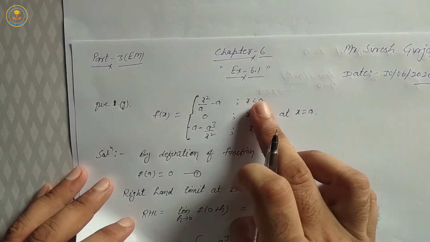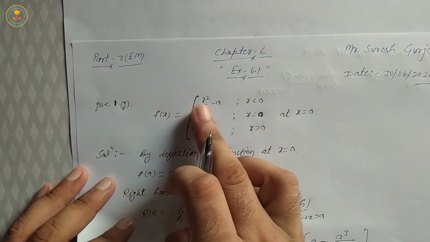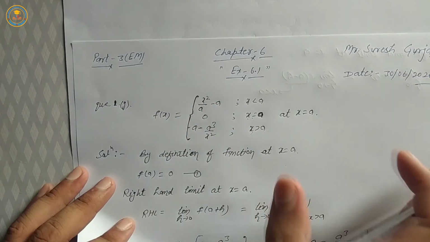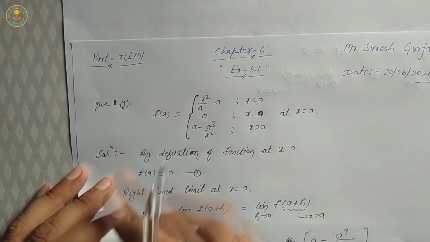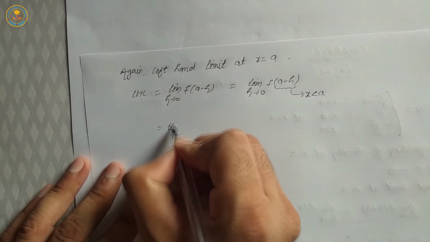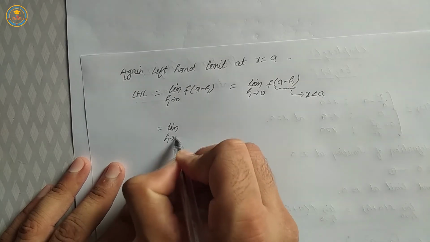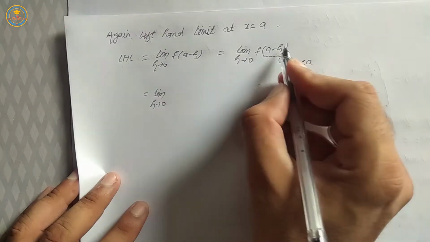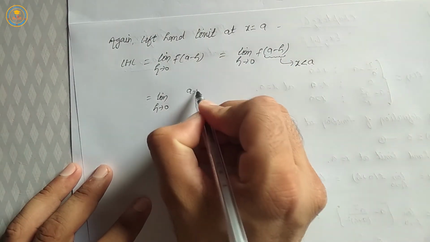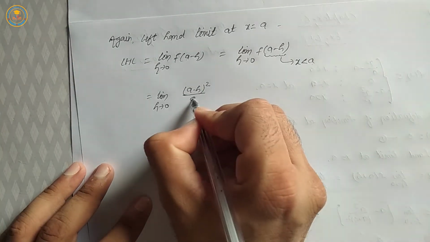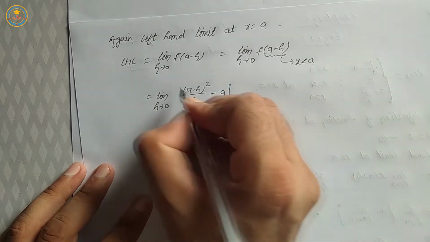When x less than a, then the value of f(x) is equal to x square upon a minus a. Putting the value of x in the function, limit h tends to 0 of x square, it means x is equal to (a minus h) whole square upon a minus a.